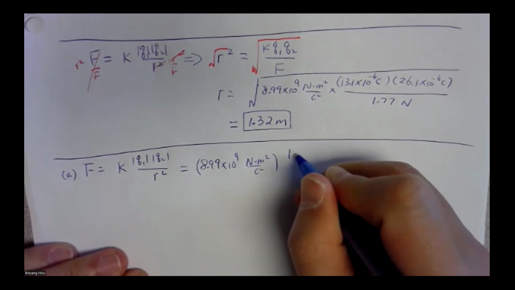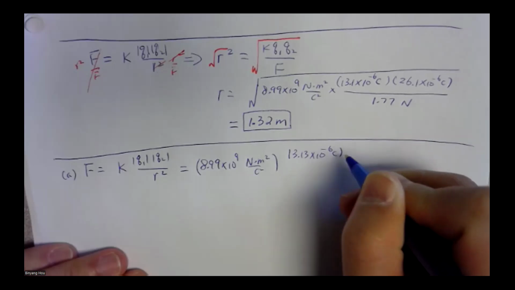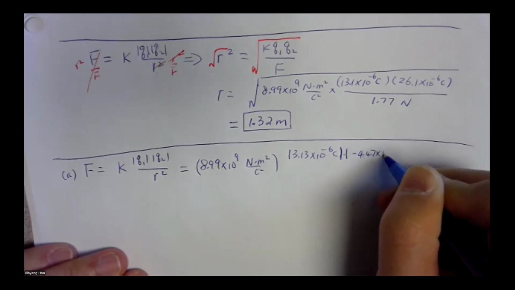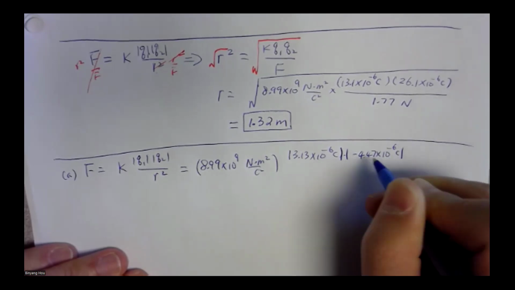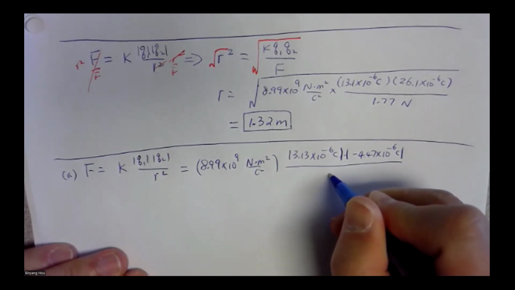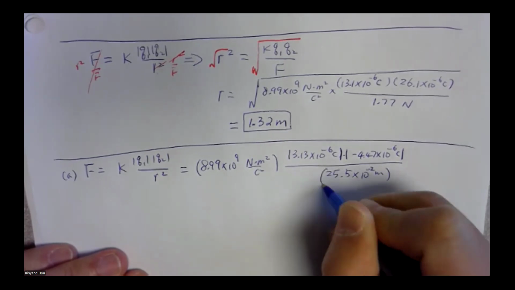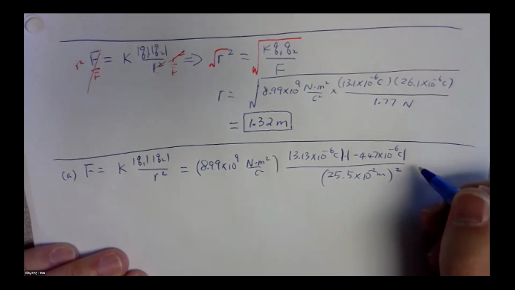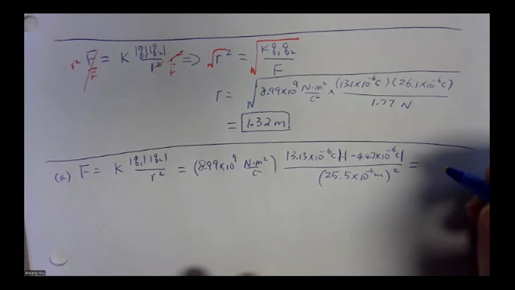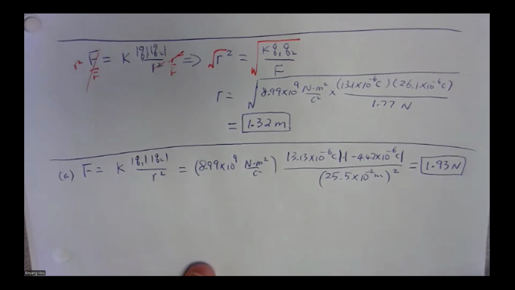Then the absolute value of 3.13 times 10 to the minus 6 coulombs times negative 4.47 times 10 to the minus 6 coulombs; the absolute value turns the negative sign to positive. And then over 25.5 centimeters, converted to meters. Punching everything into a calculator correctly gives you 1.93 newtons.